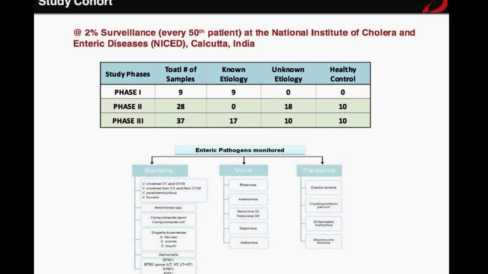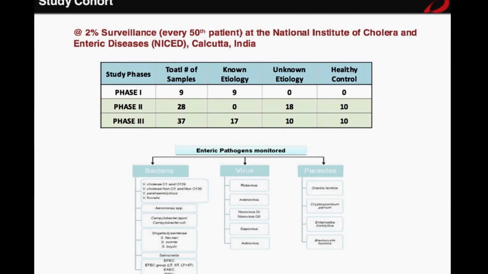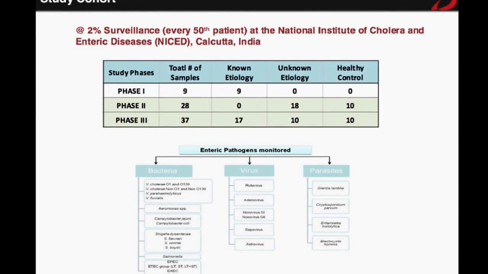And in both phase 2 and 3, we also got samples that they tested with the 26 laboratory tests that served as controls. These were asymptomatic, either family members without cholera or diarrheal disease of any sort, or members of the community. So they served as our controls, if you will.